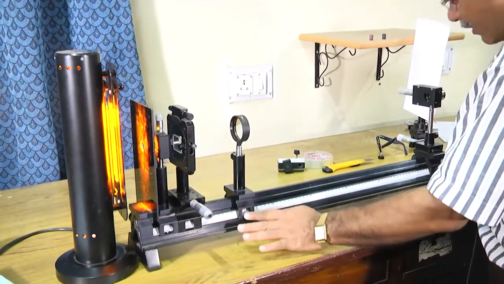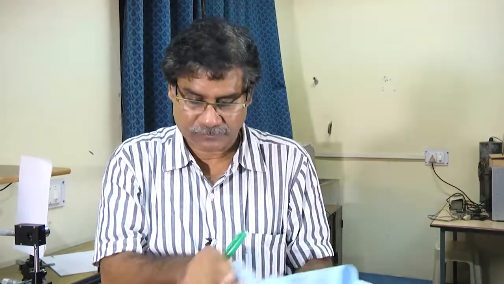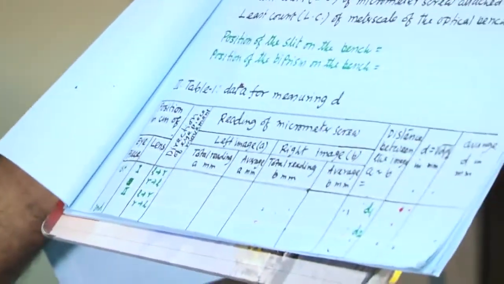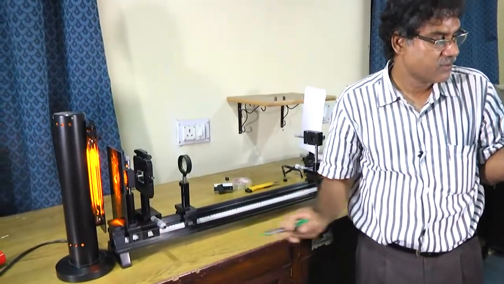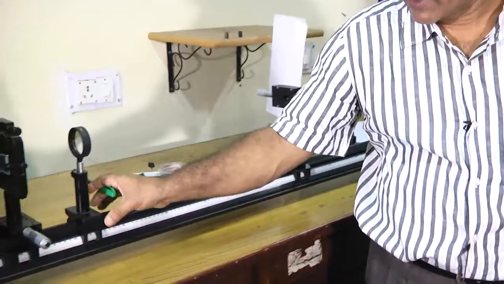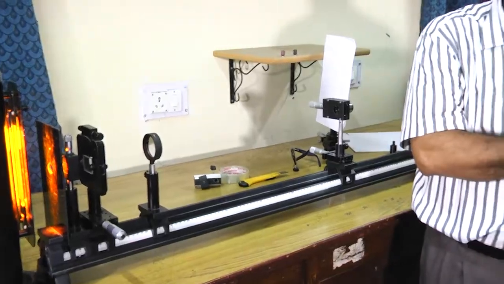and for each position you note down the position of the lens, as I told you, for measuring D1 and D2. So this is the first position of the eyepiece, and for this you note down lens position 1 and lens position 2. For the lens position we don't need to note down here, because you will see the image on the eyepiece.